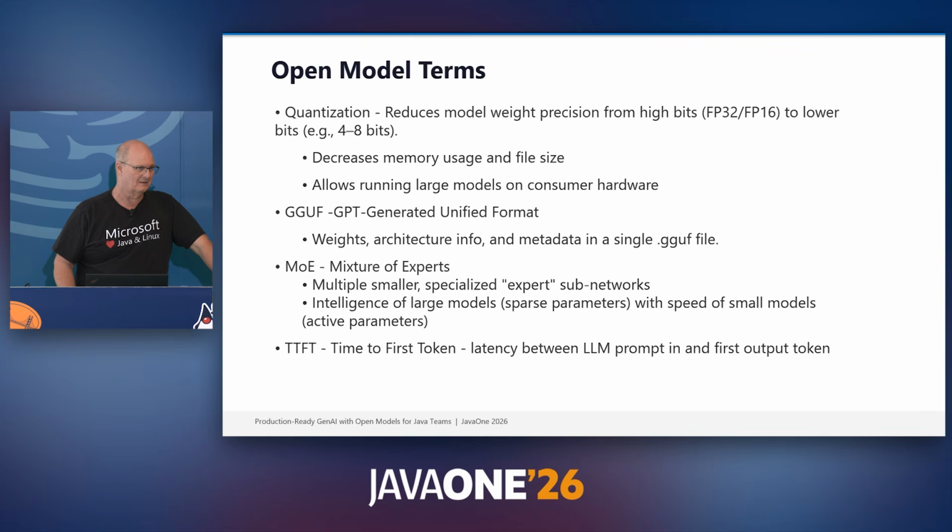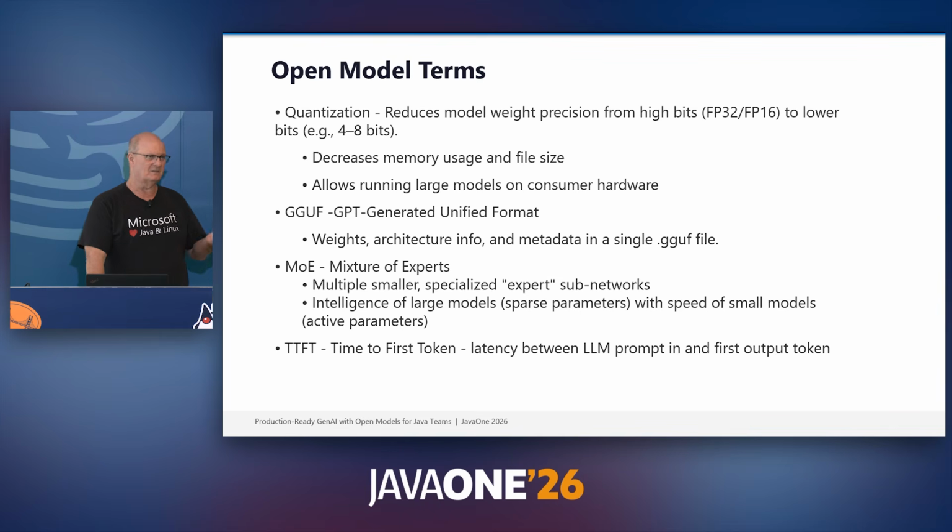They're reduced. How are they reduced? They're reduced by taking high bits, in which the data is stored, and basically compressing it into smaller bits. You lose a little bit of precision when you do that, but in general, the quality of the responses, depending on the purpose that you're using the model for, can be similar or the same.